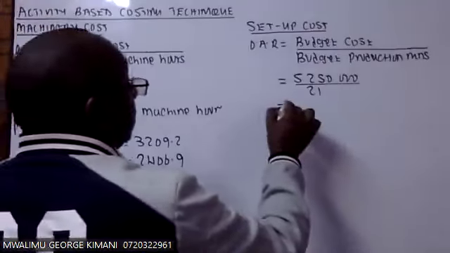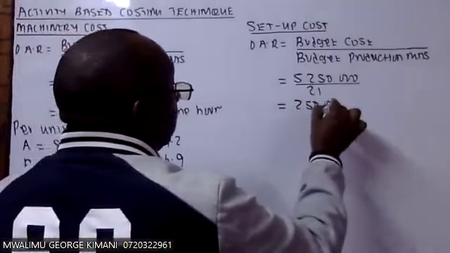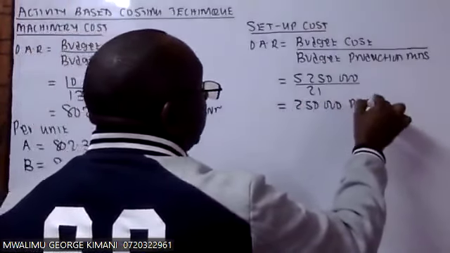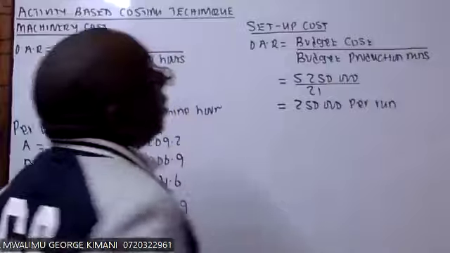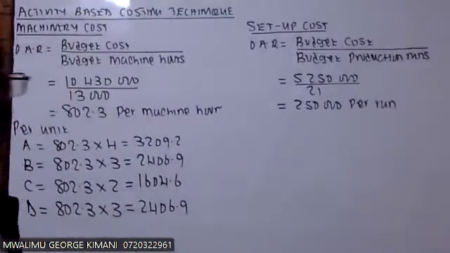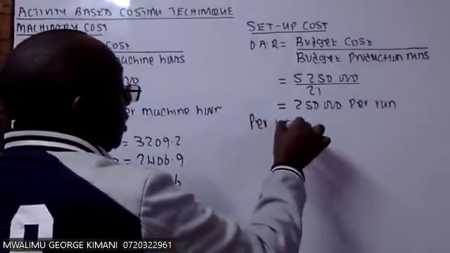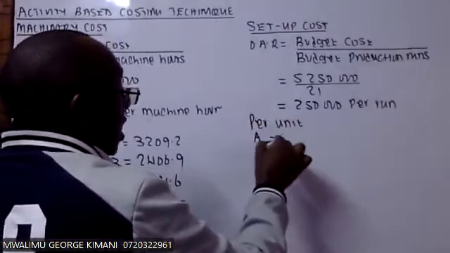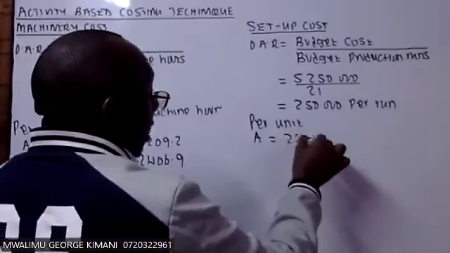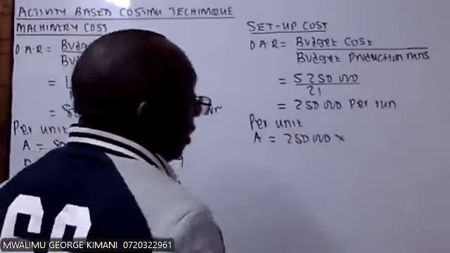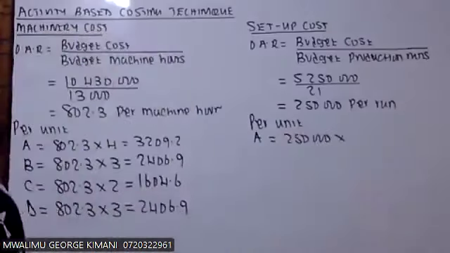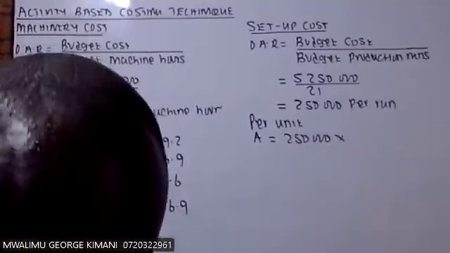250,000. Now this is per production run. So per unit of each product, when you start with A, you will take these 250,000, you multiply by the number of runs.